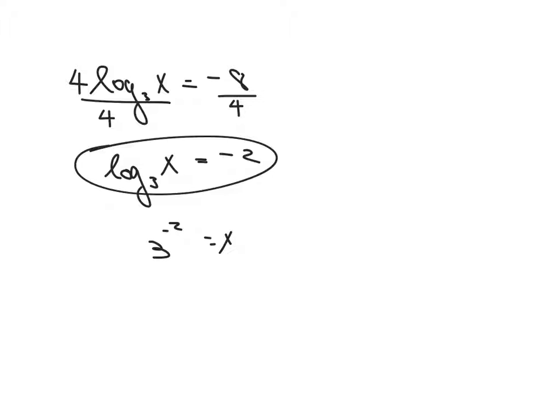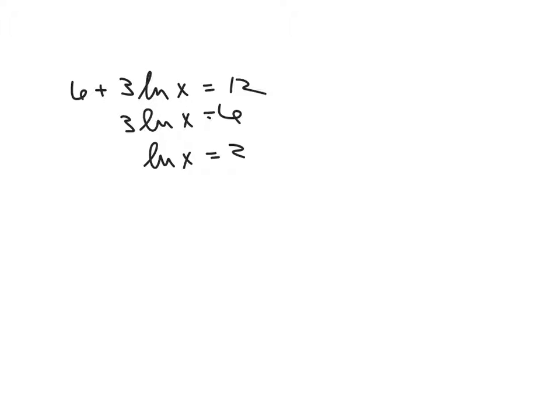This means that I'm going to square my 3, and the negative means I'm going to be 1 over 3 squared, which is 1 over 9 equals x, and that's it.